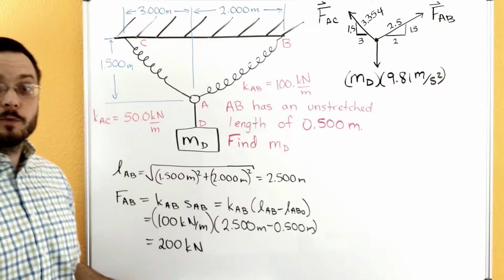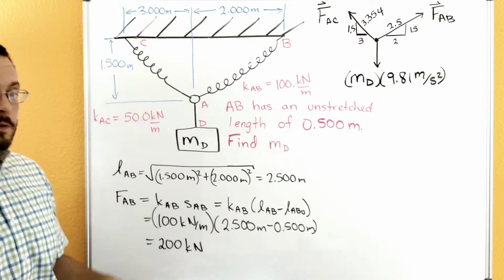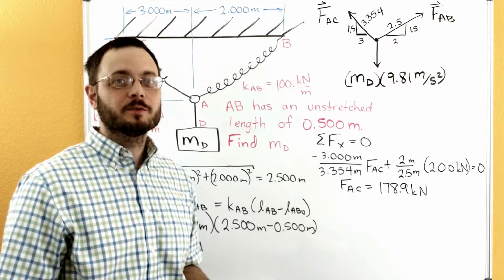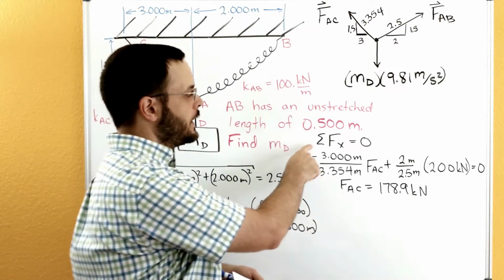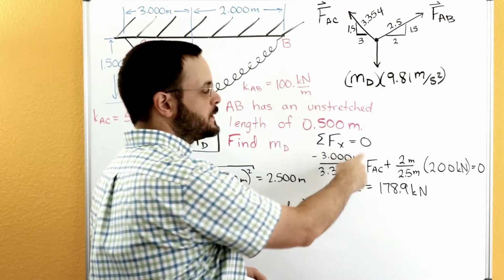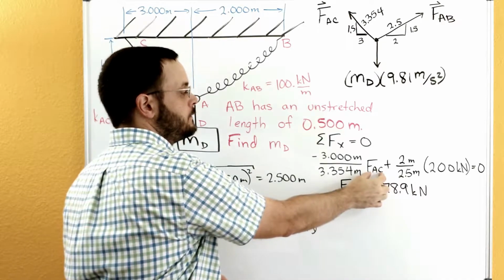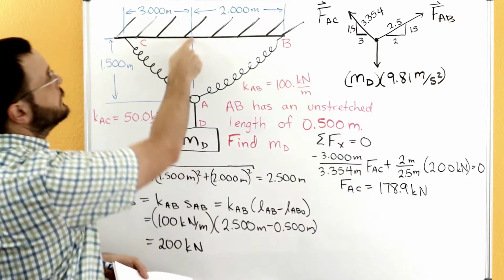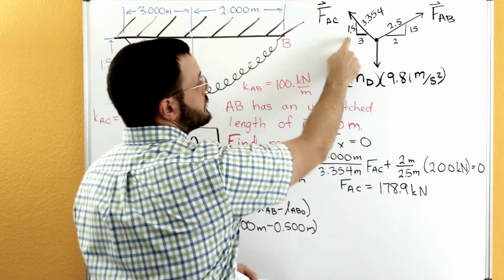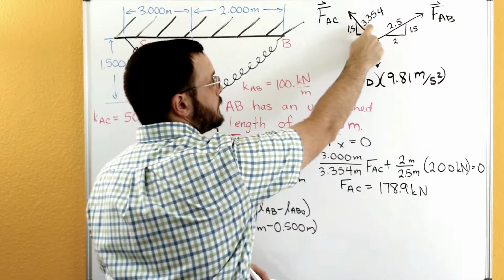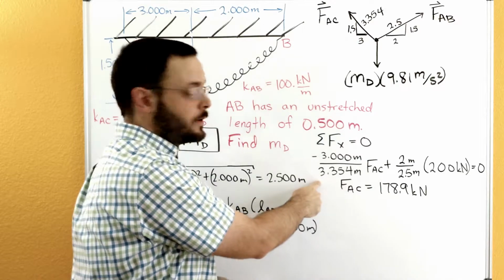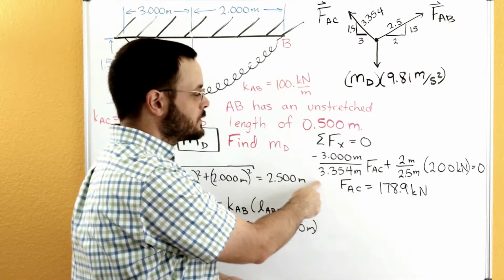Now let's set up our sum of forces equations and see if we can finish this one up. So here's our sum of forces in the X equation. We have the FAC. We're going to break it up into its X component. So here's the magnitude of FAC. X distance here is 3 divided by the hypotenuse, which is the 3.354 meters.